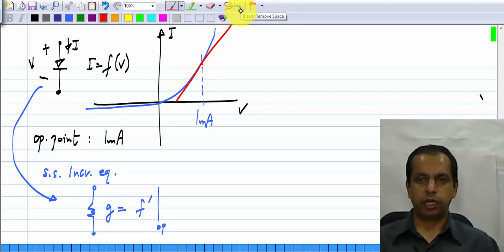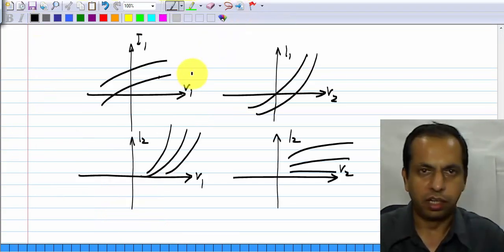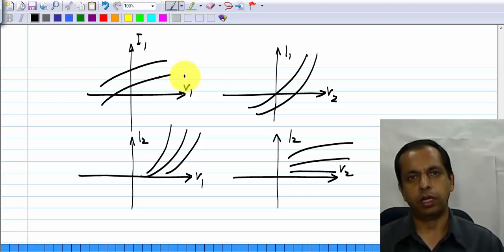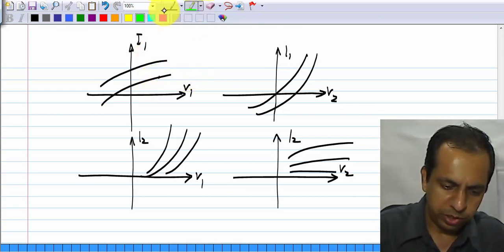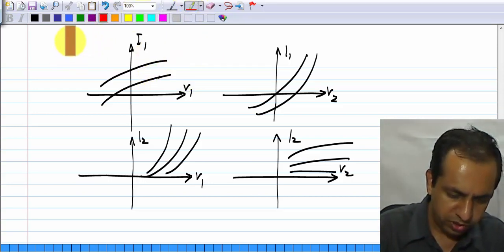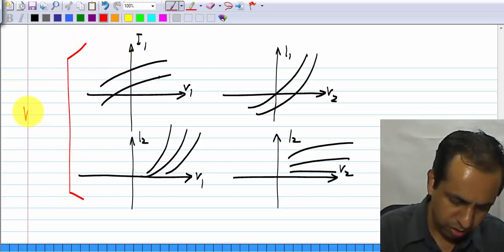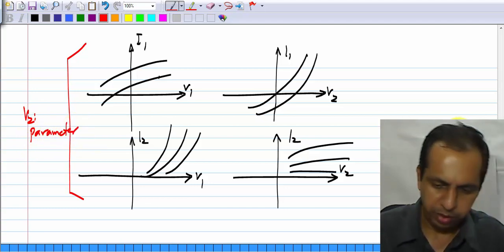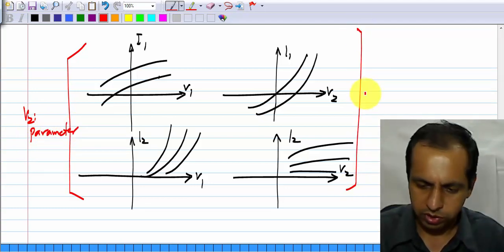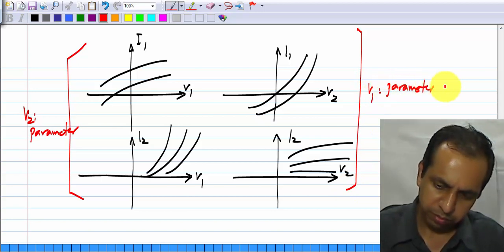What is it for a nonlinear element? As we saw earlier, a graphical depiction of a nonlinear characteristic requires 4 plots, I1 versus V1 with V2 as parameter. So, for these 2 plots, V2 is the parameter and for these 2 plots, V1 is the parameter.